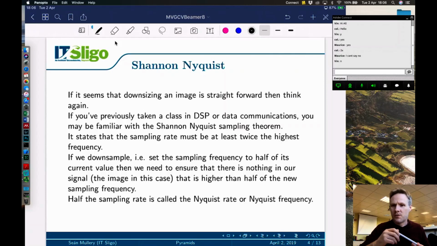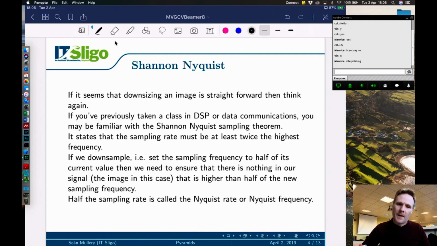So Maurice, I don't know whether you remember or not, because it's a while since you did it, but we did a lot of multi-rate data techniques in digital signal processing in level 8. And in those circumstances, you would sometimes decimate a signal. You could interpolate or you could decimate.